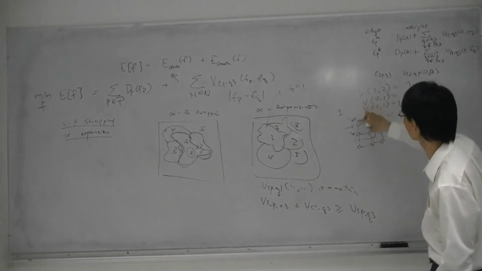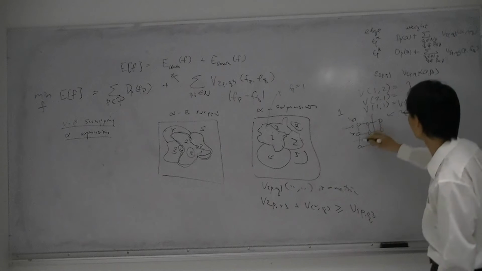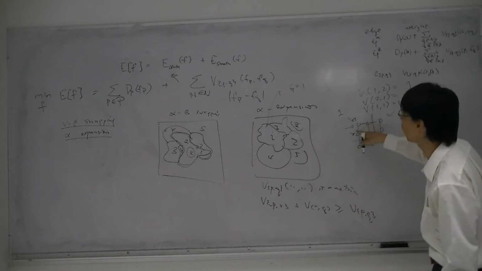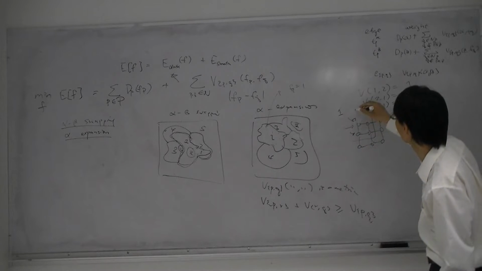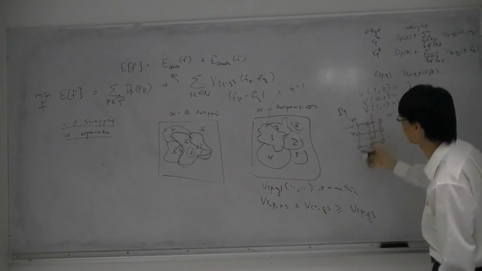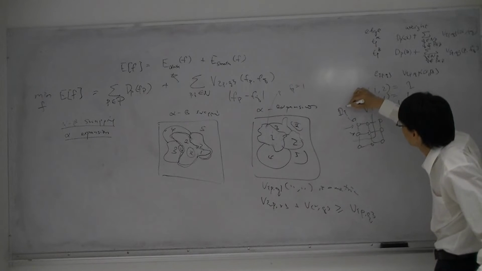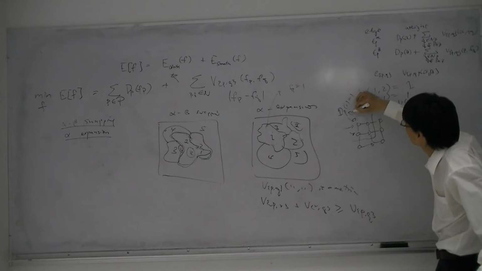So here I just assume that for every pair it's the same function. And then I have this pixel term, let's say d_p. Based on your observation, maybe d_p(1) is equal to 1, and let's say d_p(2) is equal to 2, something like that.